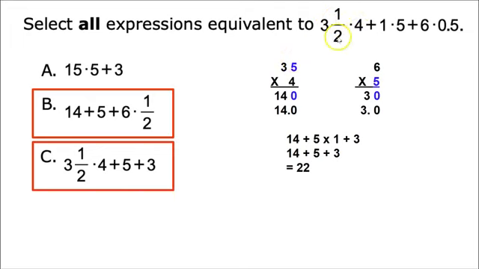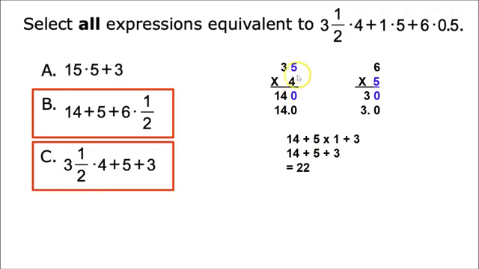So we want to first do our multiplications and see what this actually equals. So you have 3.5 times 4. And so 4 times 5 is 20. And then you have 4 times 3, which is 12, plus that 2 that came from that 4 times 5, which was 20. And so 12 plus 2 is equal to 14.